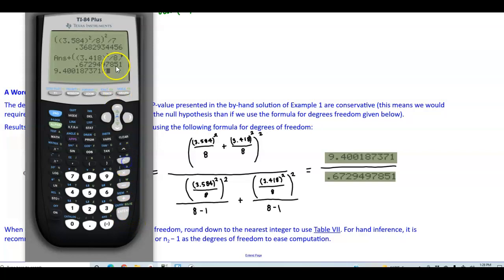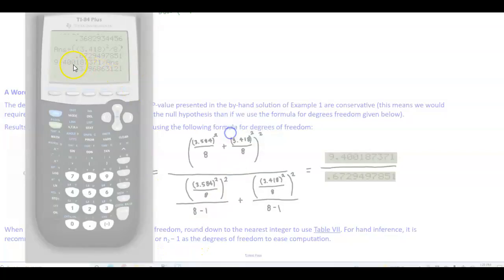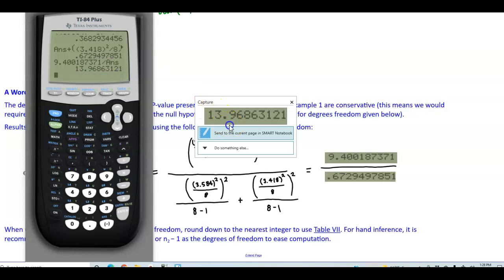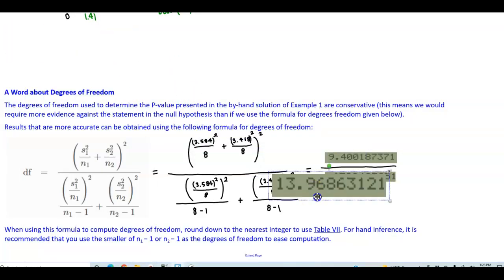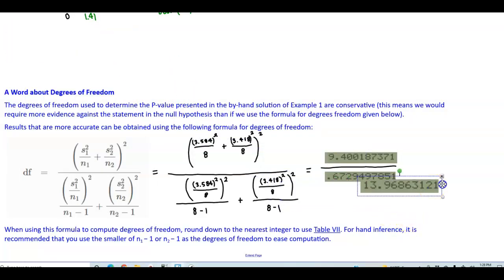On a calculator, I'm going to go up here, and I'm going to hit enter. And then I'm going to divide this by this answer here. So I'm going to hit second answer, which is this one here. And what that does is it gives us the following value, 13.9686. So that gives us the degrees of freedom.